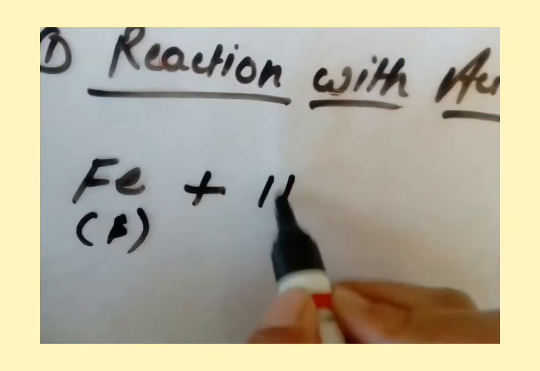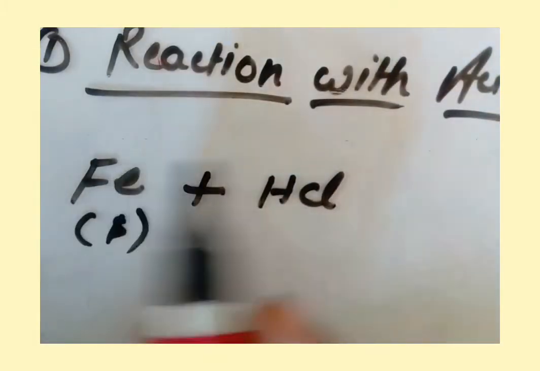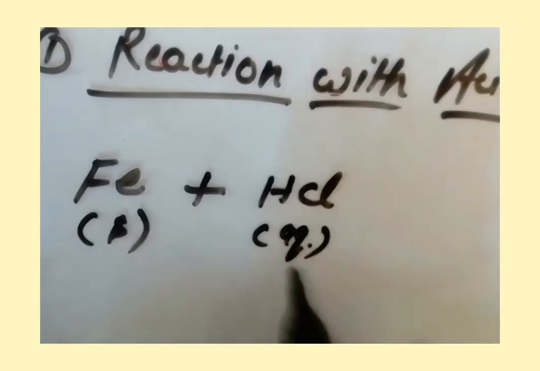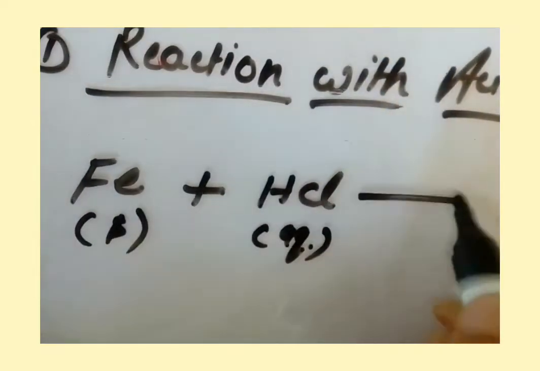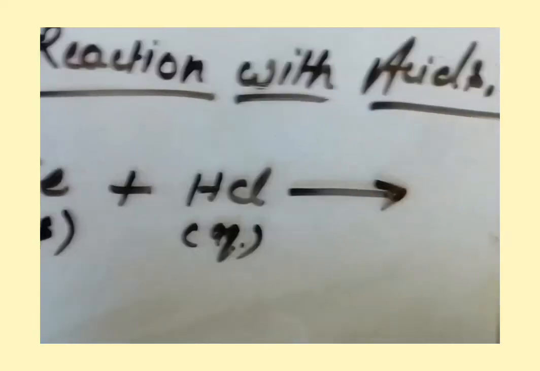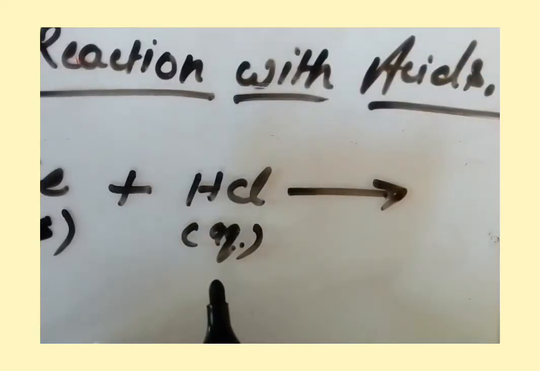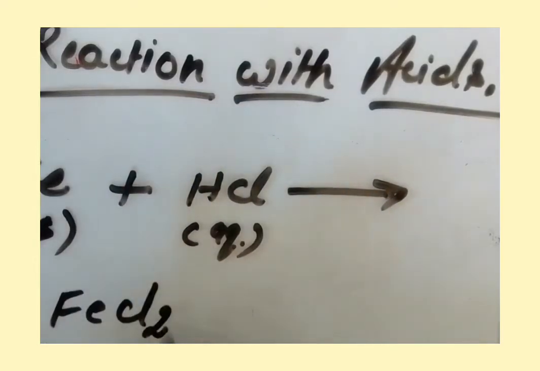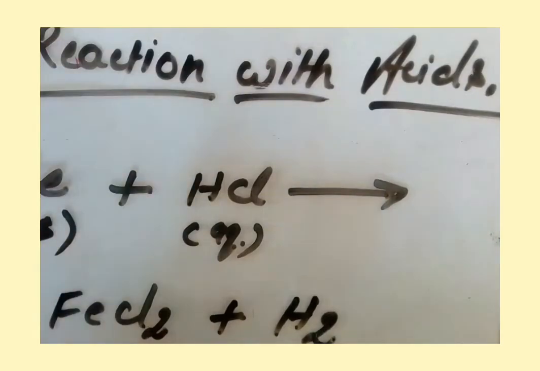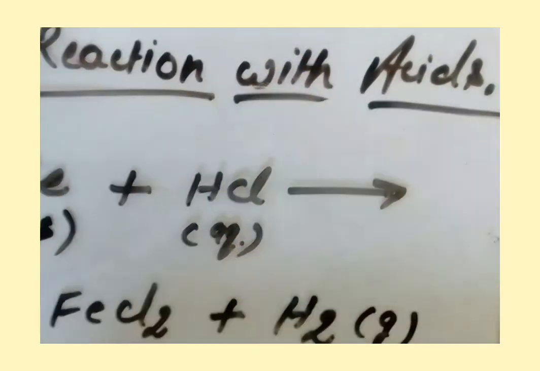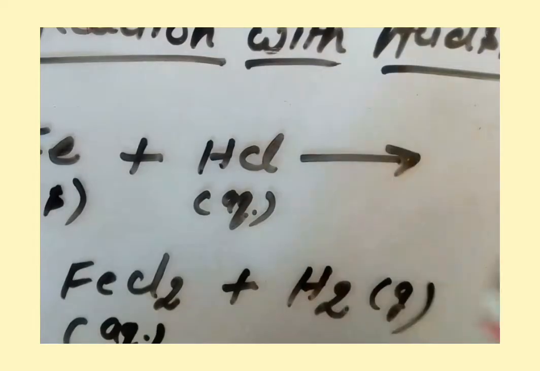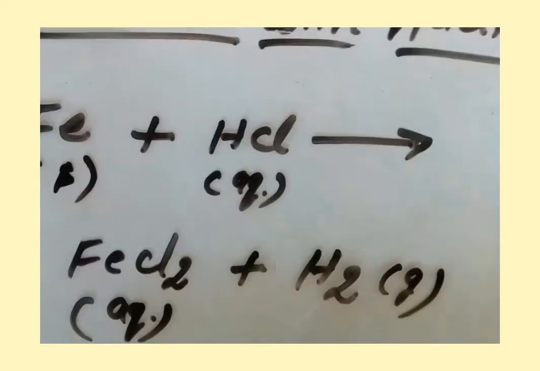Then it will react with hydrochloric acid. Hydrochloric acid is in aqueous state. Then when these two react together, what will be the product? Product will be iron chloride, FeCl2. This is also in aqueous form. This is iron chloride plus hydrogen gas, which will be released. We have performed this activity, and I have written it in chemical equation form here.